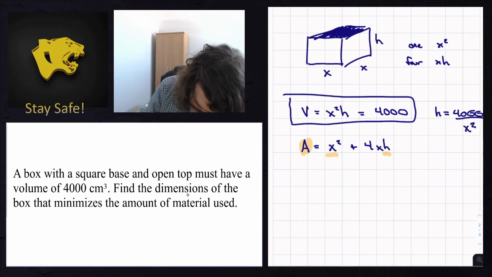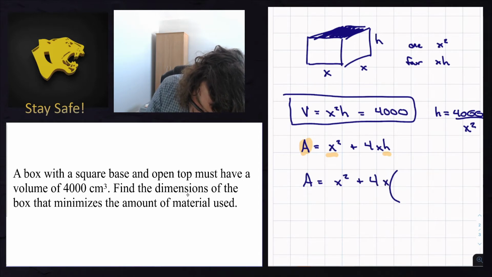So I'm going to rewrite my area as being x squared plus 4x and then h, so 4,000 over x squared.